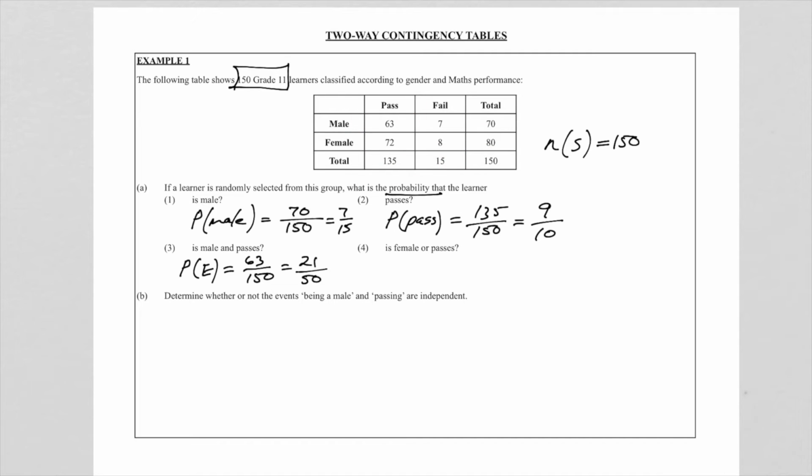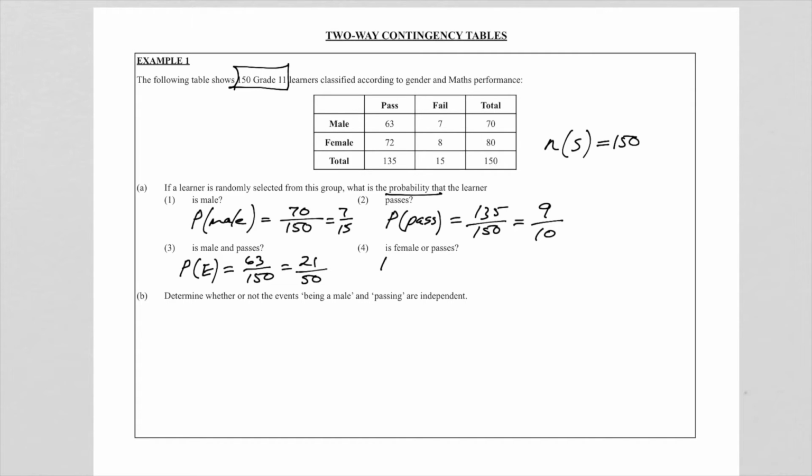But you will remember what we said about whenever they ask us to find "or", and that is to use the general rule. That is what I suggest we use here.